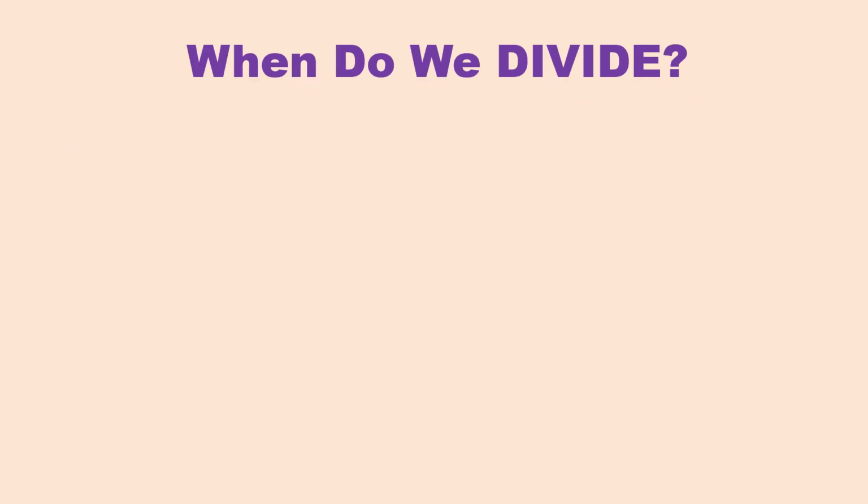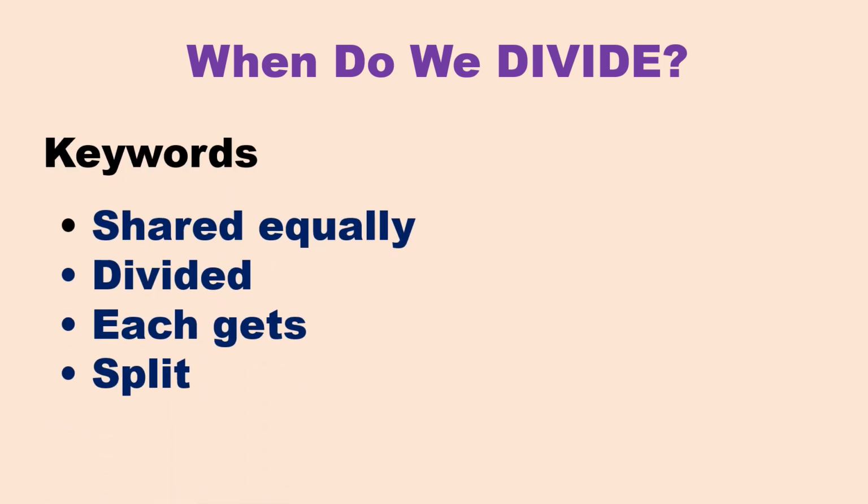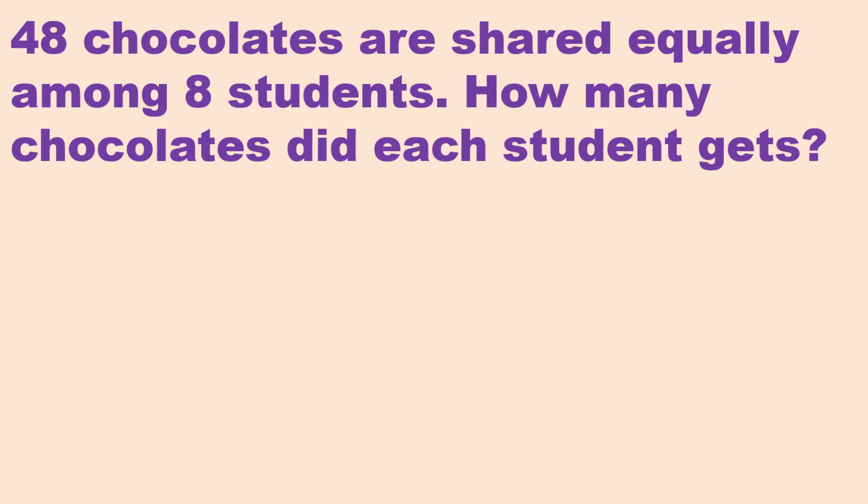When do we divide? We divide when we see words like shared equally, divided among, each gets, and split. Now an example. 48 chocolates are shared equally among 8 students. How many chocolates did each student get? Shared equally means we have to divide. Read the question carefully.